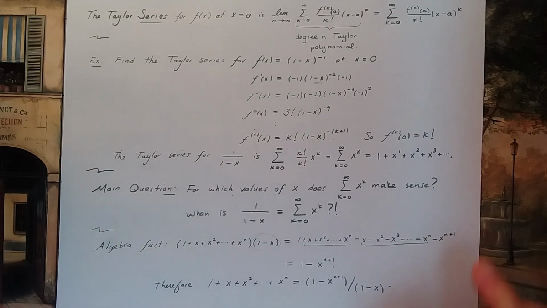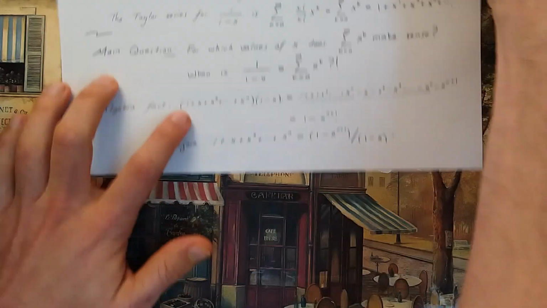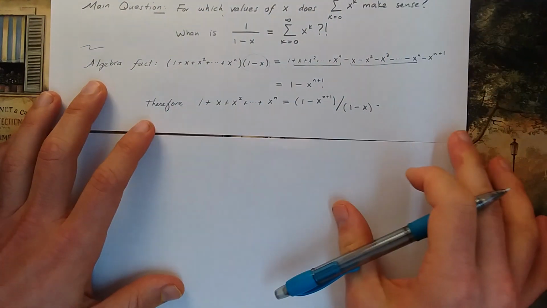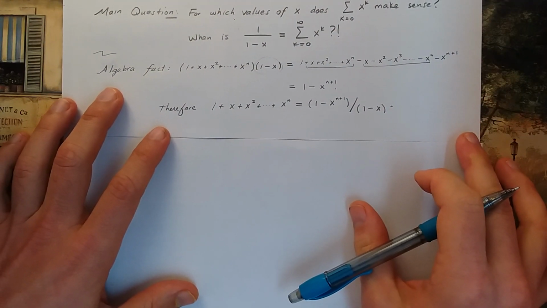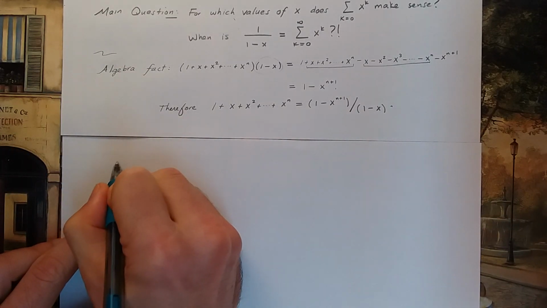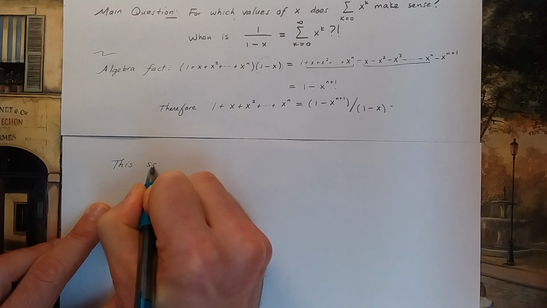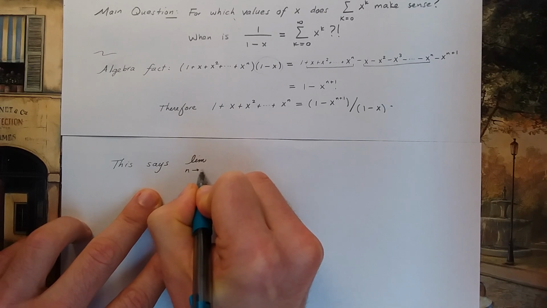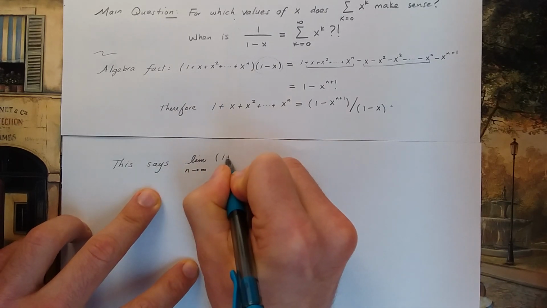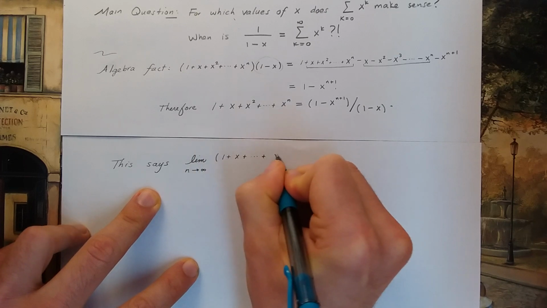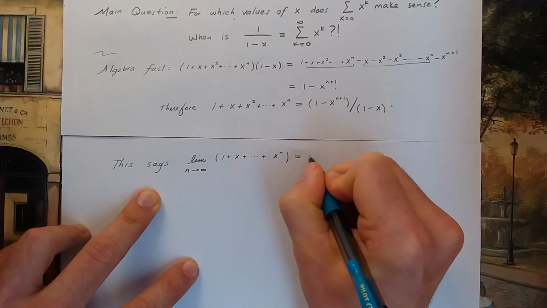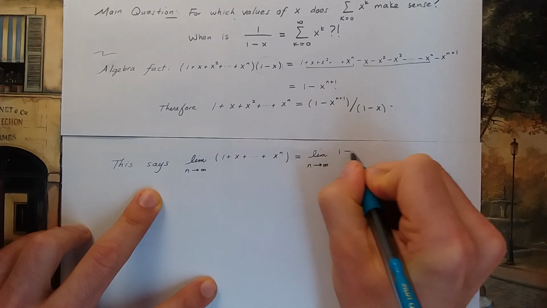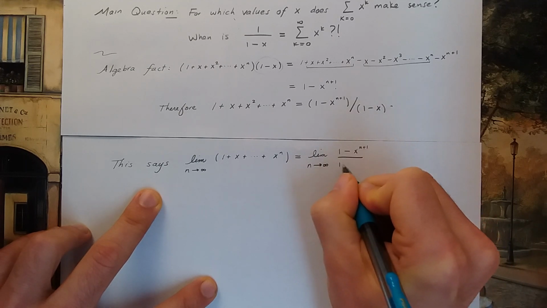Okay, so I'm going to move that up here so I could work a little bit more. Now, therefore, this says that if I take the limit as n goes to infinity of this thing, that's the same as the limit as n goes to infinity of 1 minus x to the n plus 1 over 1 minus x.